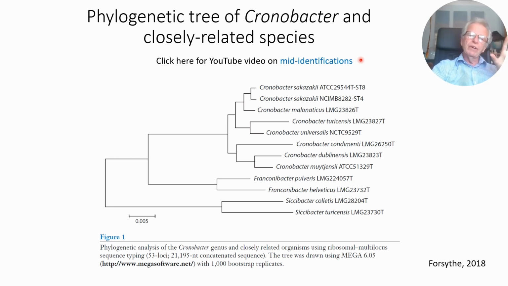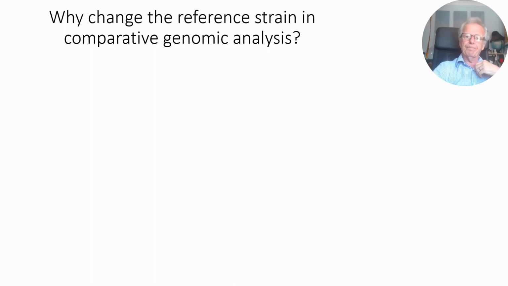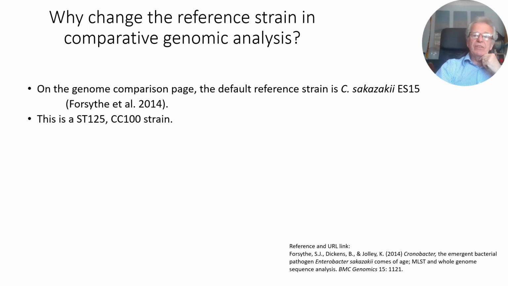The reason for showing this is so that people recognize how diverse the Cronobacter genus is, and therefore it's important to choose the most appropriate reference strain. So why change that reference strain? Well, because at the moment, if you just go to the cgMLST analysis, then you're using a default reference strain, which is Cronobacter sakazakii ES15.